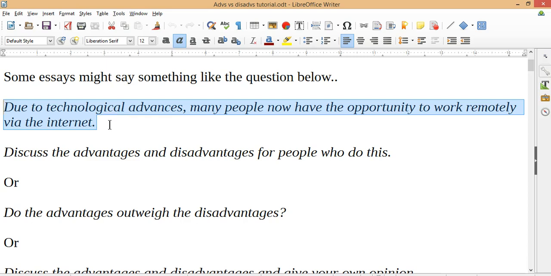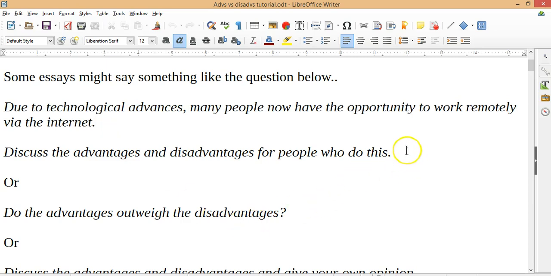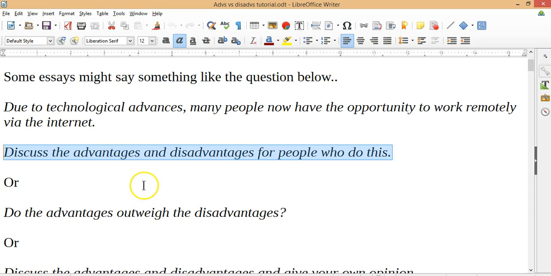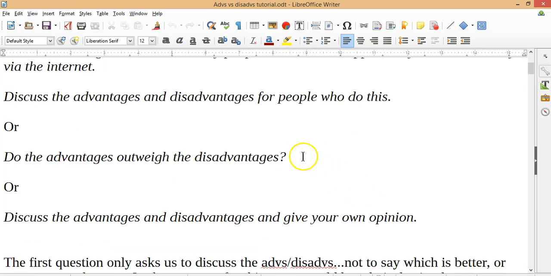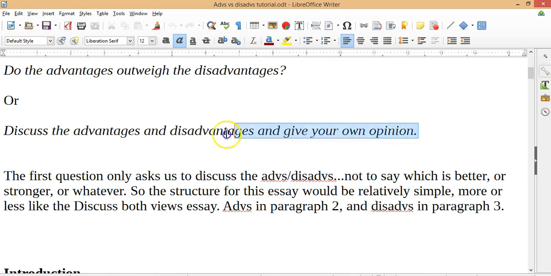Some essays might say something like, due to technological advances, many people now have the opportunity to work remotely via the internet. So question type 1: discuss the advantages and disadvantages, or do the advantages outweigh the disadvantages, or discuss the advantages and disadvantages and give your own opinion.